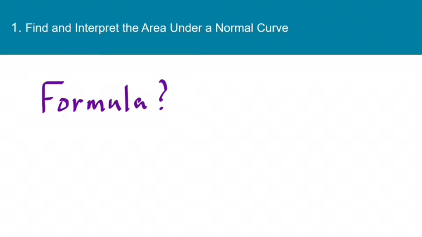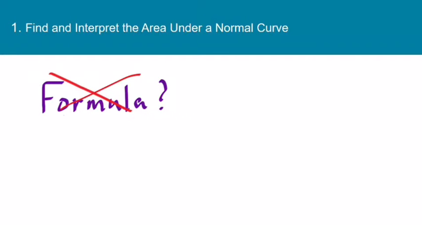You remember when we had the uniform probability distribution, we did use the formula for the area of a rectangle, and that's how we found those areas. But because our curve bends, and it's not just a plain rectangle, the formula for finding the area under that curve is very complicated, and I don't think we want to mess with that.